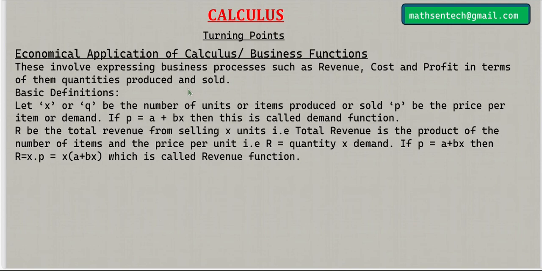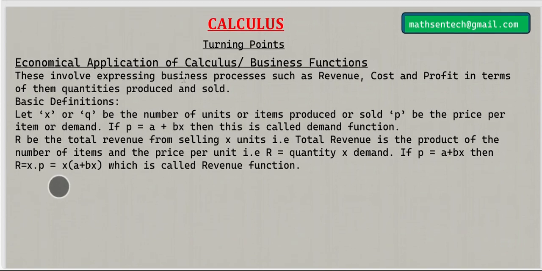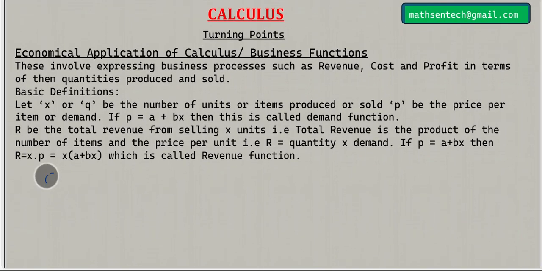Okay, so we're saying that the number of units sold. So assuming you have 10 shoes you're selling, so your Q can be 10, or your X can be 10. So these are 10 shoes, right?